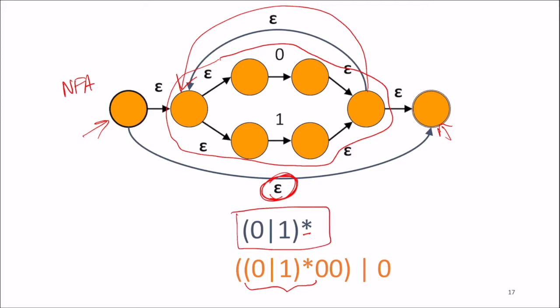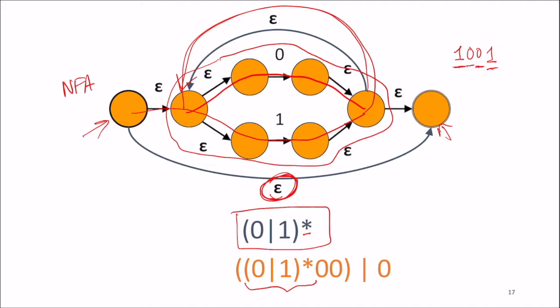And you can see why. If I wanted to take a string that's in this language 0 or 1 star, so let's say it's 1, 0, 0, 1, something like that, then I would take this path to take the 1 here, then go back and take this path to take the 0, go again, take this loop again, take another 0 and another 1, and I can keep doing this.